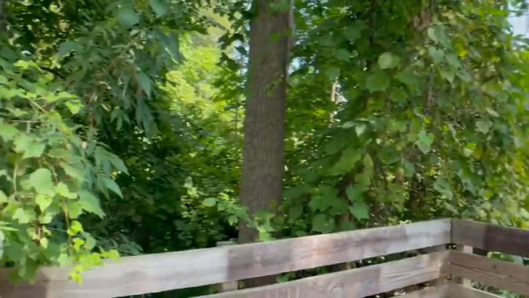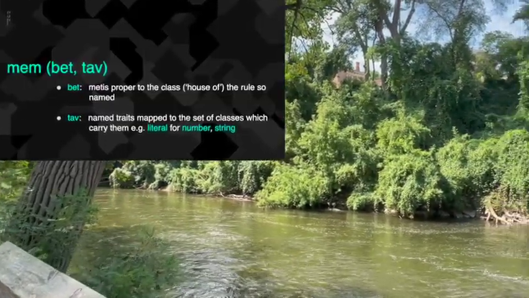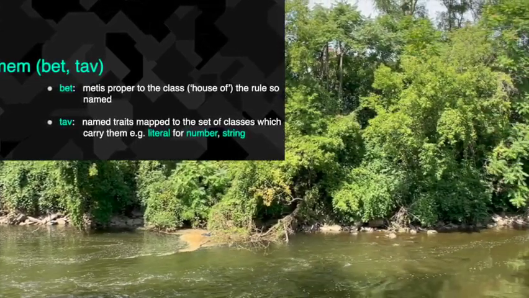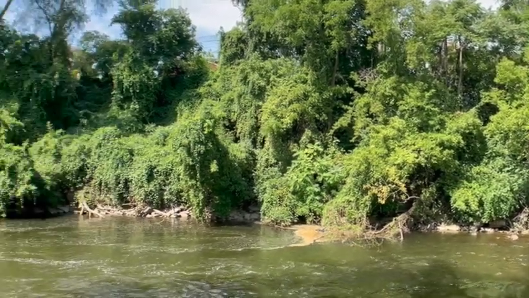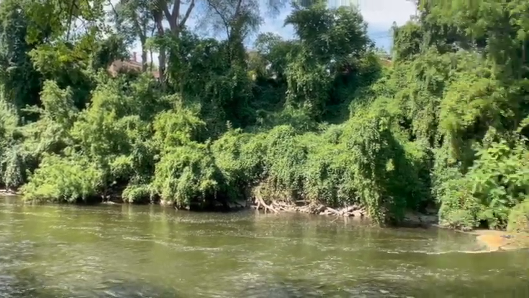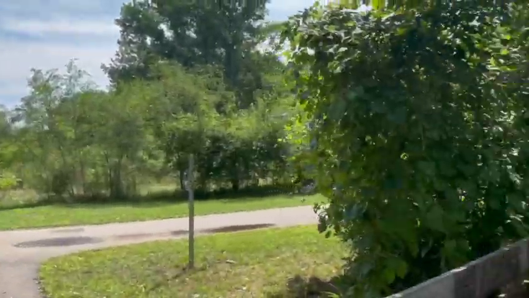And the tav, which you can think of as trait, tav gives us cross-cutting concerns. So for instance, a literal is something which the categories recognized by a particular house, a particular bait, such as string, number, and so on, those which are literal.